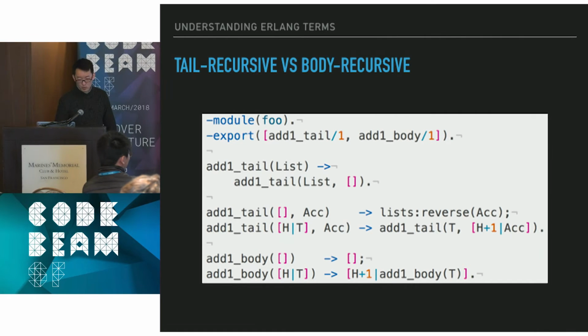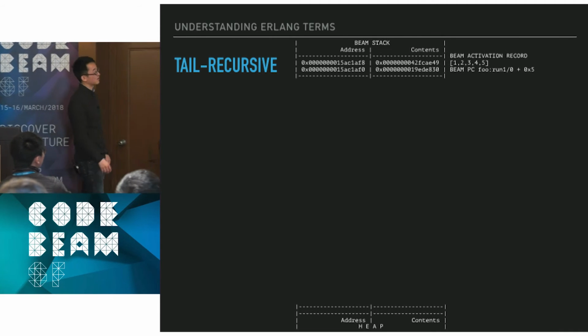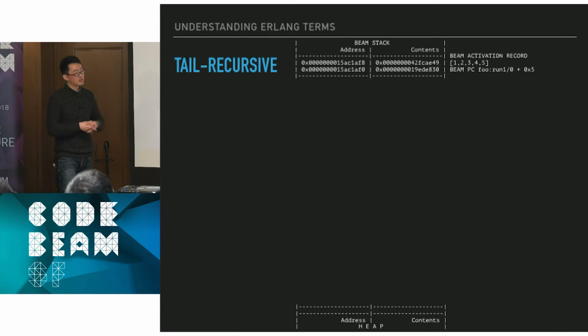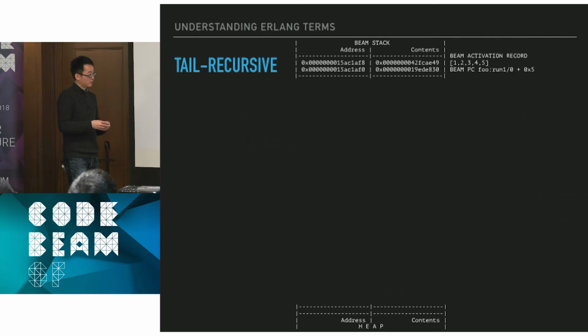Okay, now let's see what the memory looks like when we run these two versions. Let's run the tail-recursive first. So here is the process. When we start the process, it's just a few KB of allocated memory.